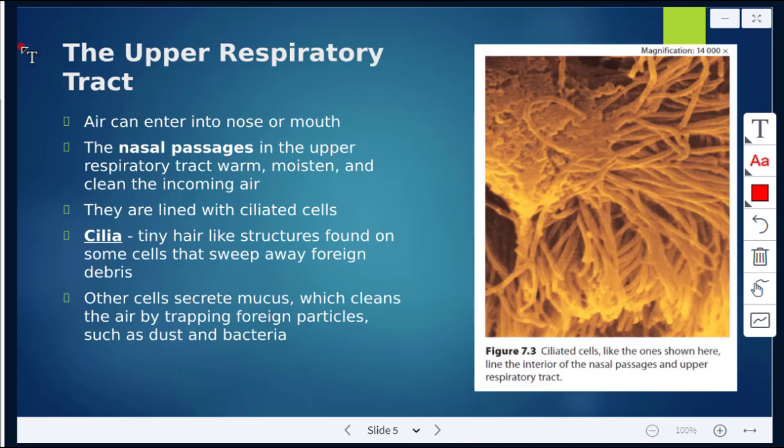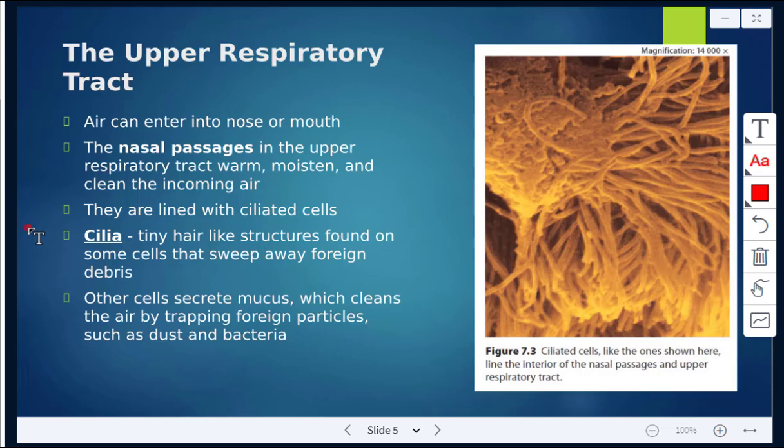So the upper respiratory tract, air can enter into the nose or the mouth, and the nasal passages in the upper respiratory tract, they warm, moisten, and clean the incoming air. They are lined with ciliated cells, shown here.